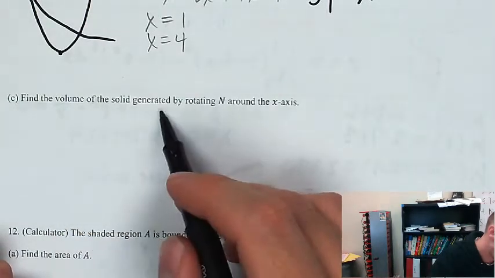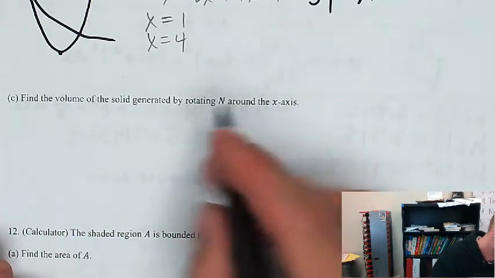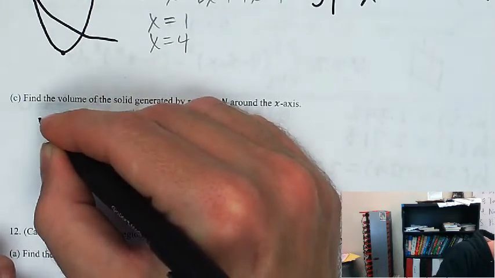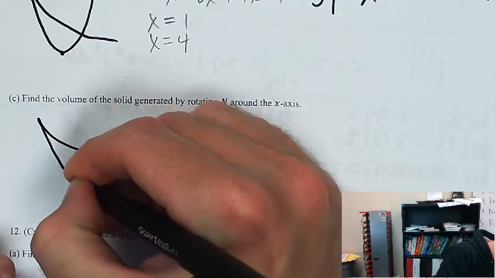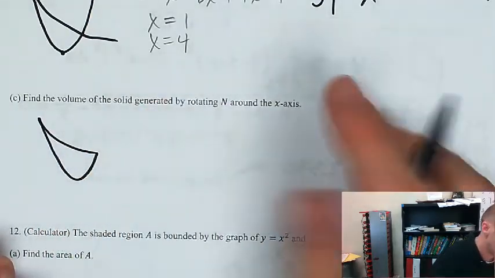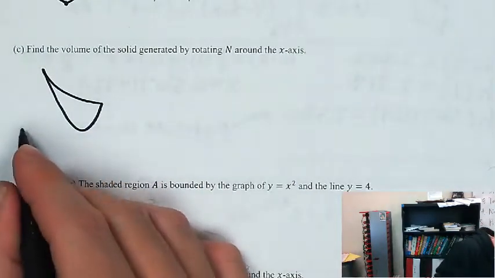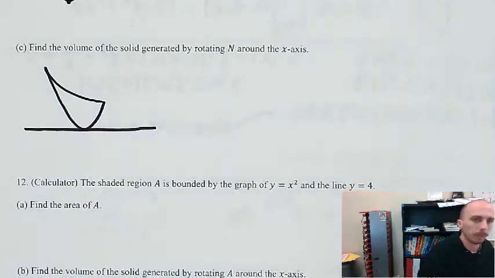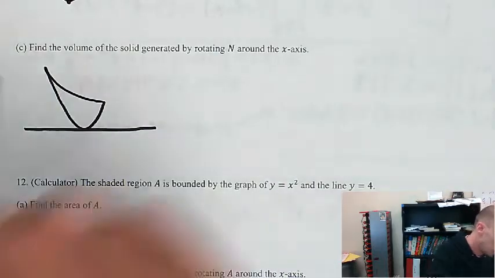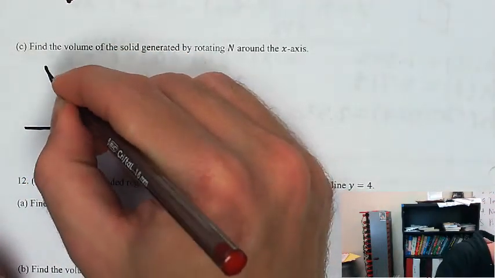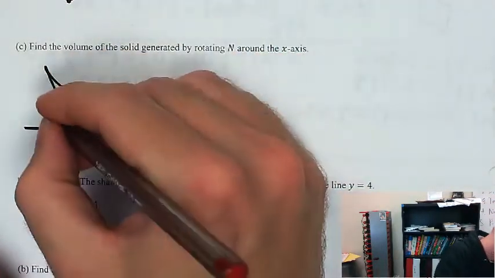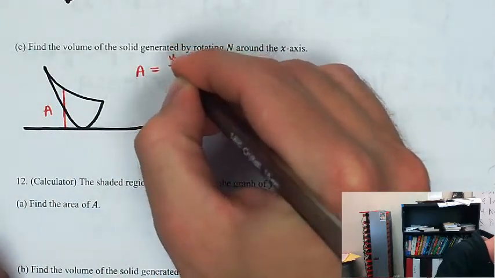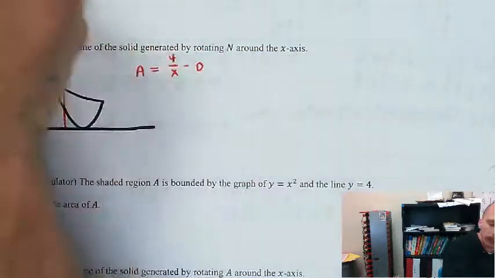Find the volume of the solid generated by rotating R around the x-axis. Okay, so that's a better sketch. Around the x-axis is going to be right like that. Large radius is going to be top minus bottom.